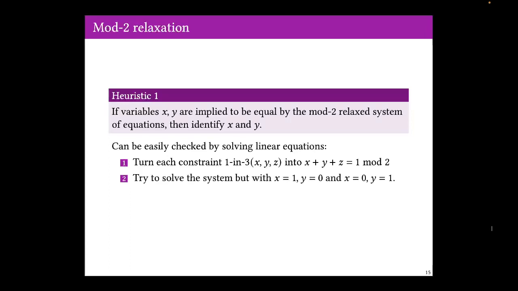Try to solve the system by setting x equals 1, y equals 0, or vice versa. And if both of these assignments turn out to be impossible, then merge x with y. This is a valid heuristic because if 2 things are equal in the more relaxed system of mod 2 equations, they must be equal in the original, more constrained system.